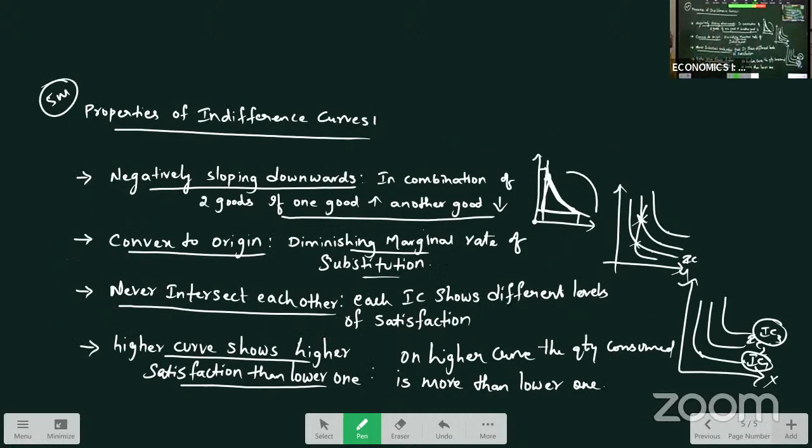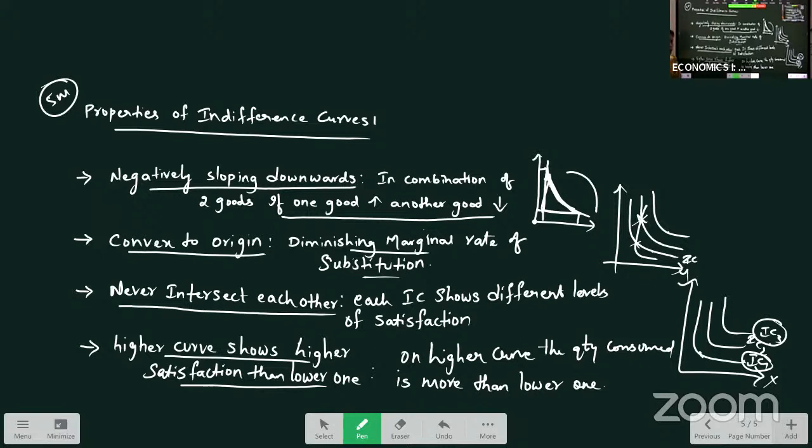Next question is important 5 marks question. What are the properties of indifference curves? There are 4 properties of indifference curves, right? Negatively sloping downwards. The indifference curve is always sloping downwards only, because in the combination, if one good increases, another good decreases.